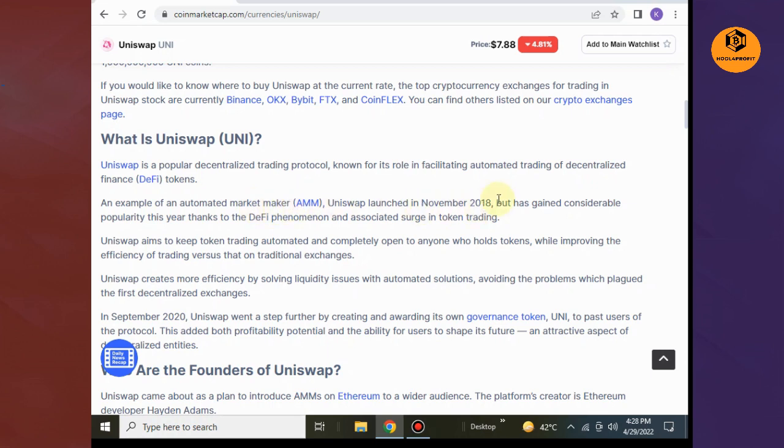Uniswap was launched in November 2018, but it has gained considerable popularity this year. They are saying Uniswap aims to keep token trading automated and completely open to anybody who wants to hold the tokens, while improving the efficiency of trading versus traditional exchanges.